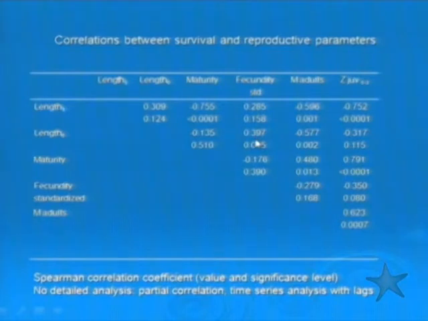So if you have a higher growth rate and higher size at age 6, your fecundity will be higher also. So all those things are probably related through the temperature effect on the growth and fecundity, growth condition and fecundity. And there's also a negative relation between mortality of the adults and the length at age 6.